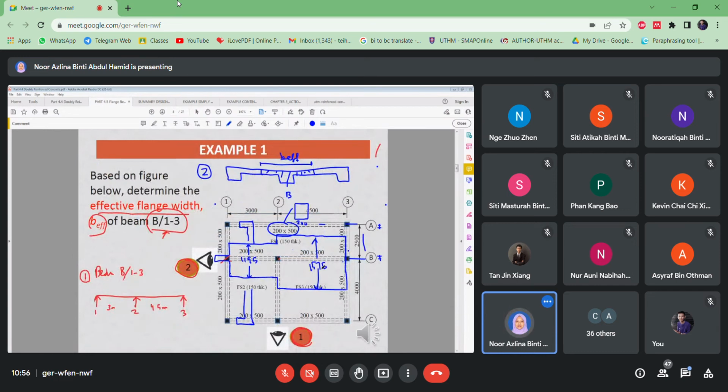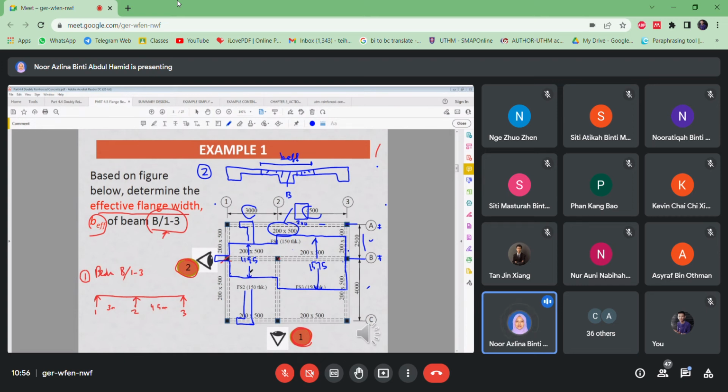So nampak tak? Kenapa tak sama sepanjang ni? Sebab span dia pun tak sama. Kan? Dia punya span pun tak sama. Kalau span dia sama, ini 3000, ni 3000, ni sama 2500, ni pun sama 2500. Dapatlah sama saja span 1 up to 3 because of different spans here.